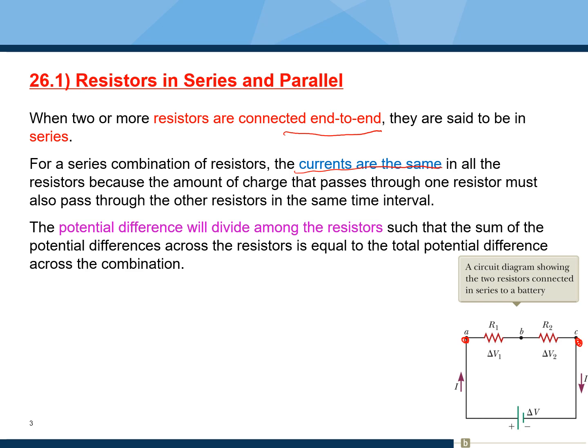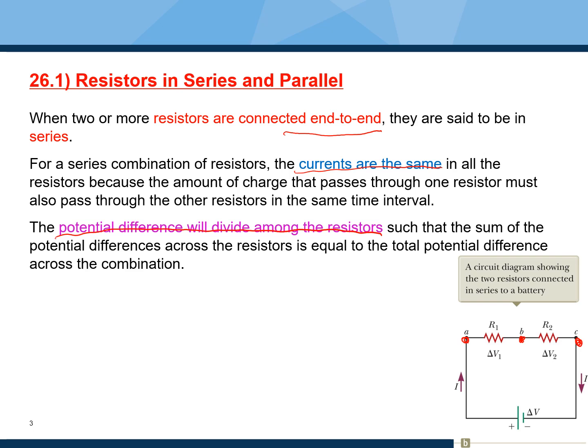However, we also say that the voltage difference between points A and C is equal to the voltage between point A and B through the resistor R1 plus the voltage difference between point B and C through the resistor R2. So the potential difference is divided amongst the resistors, and the sum of the potential differences across each of the resistors adds up to the total potential difference across the combination of resistors.